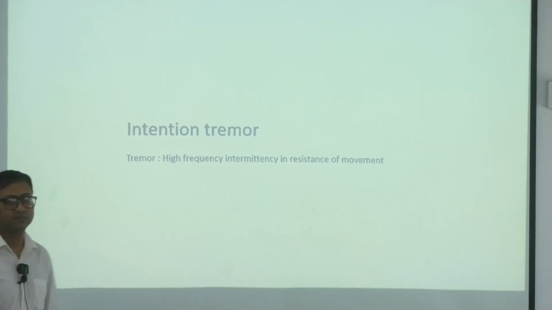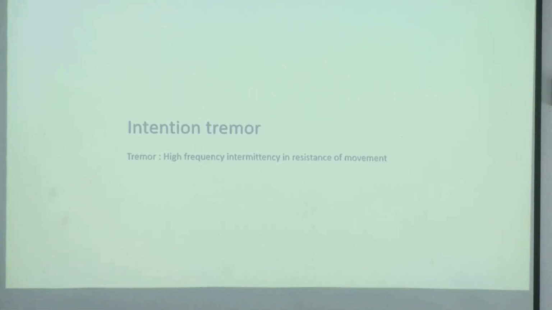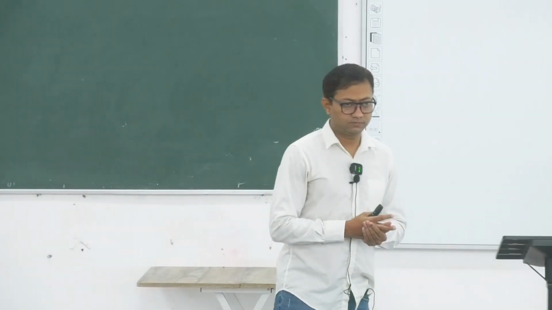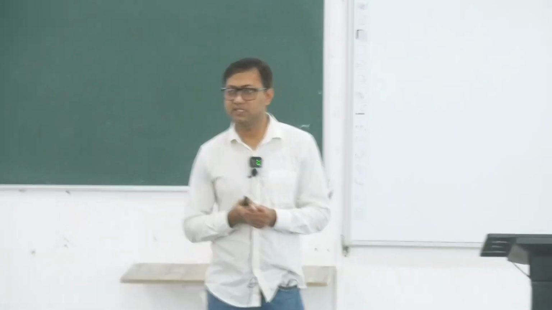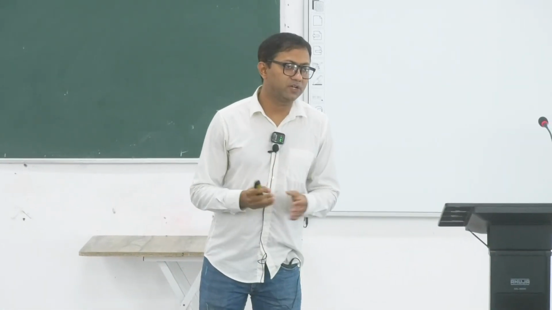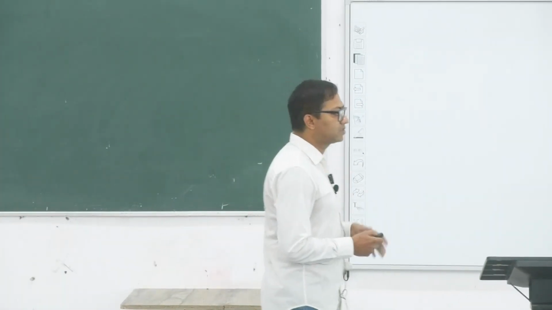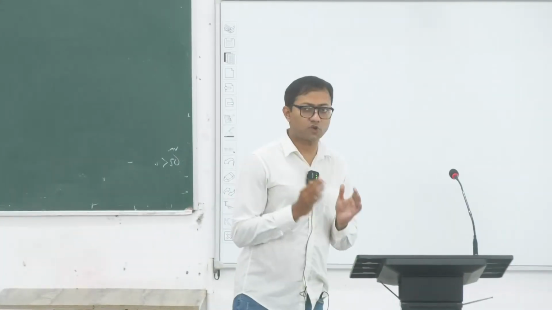Intention tremor. To differentiate it from the tremor in PD or Parkinson's disease, where the tremor is called rest tremor, even when the patient is resting, there is tremor, a pill rolling type of typical tremor, right? But in cerebellar disorder, it is intention tremor. It is not rest tremor.